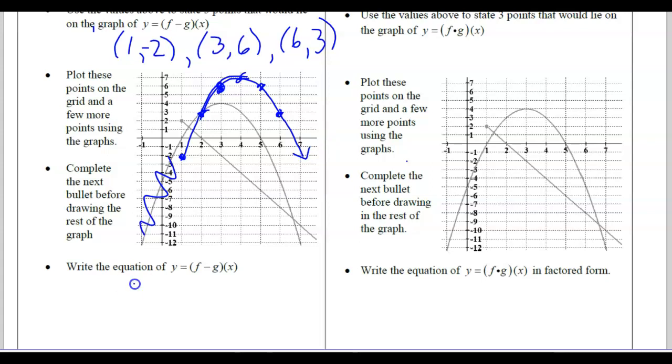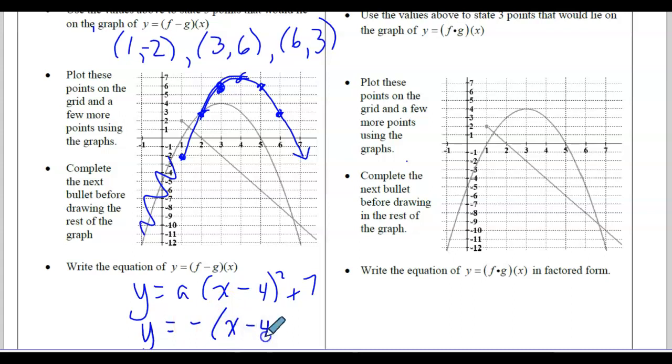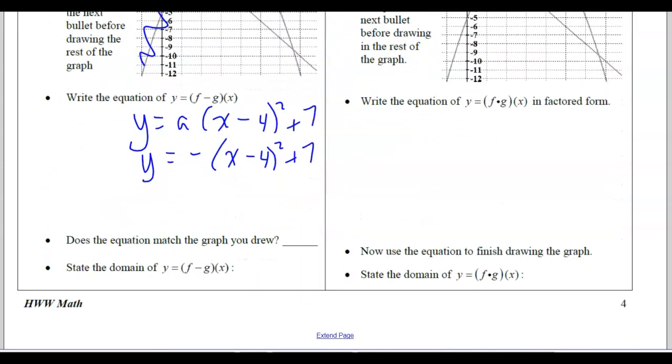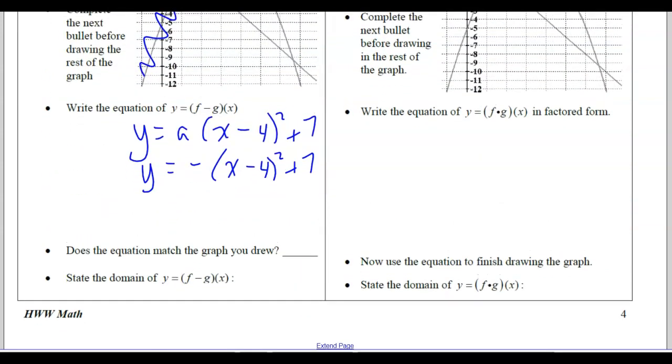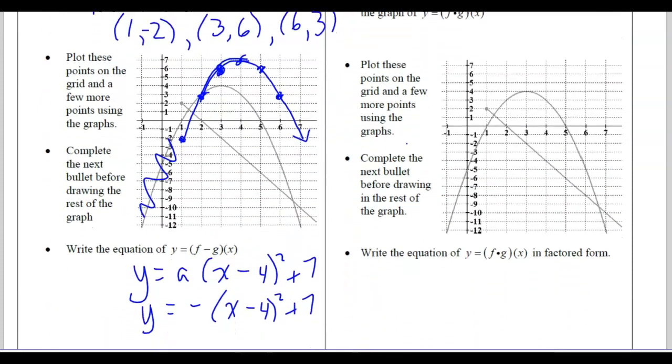So the equation is y equals a times x minus 4 squared plus 7. And you don't even need to use algebra. For 1 unit over, it's 1 down. So that means our a value is negative 1, so we can just show it as a negative. So that's in vertex form. It doesn't say that we have to show it in simplified form.